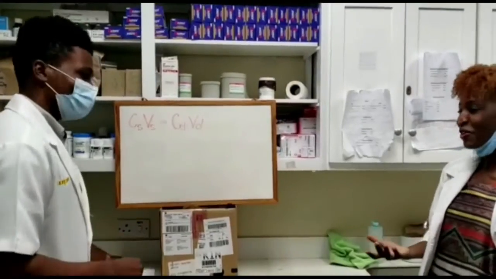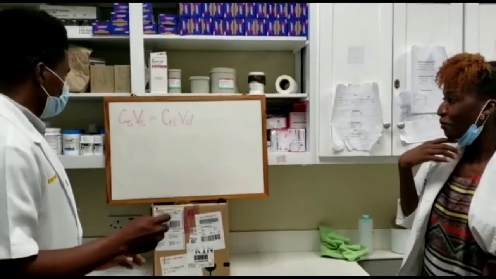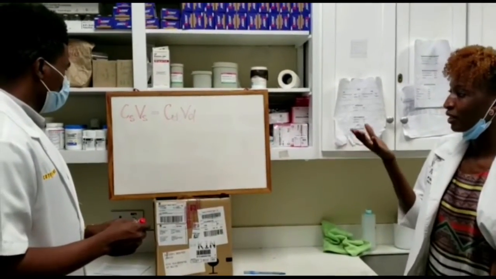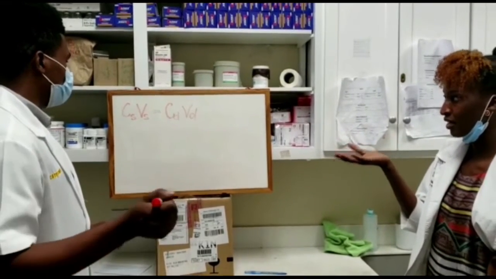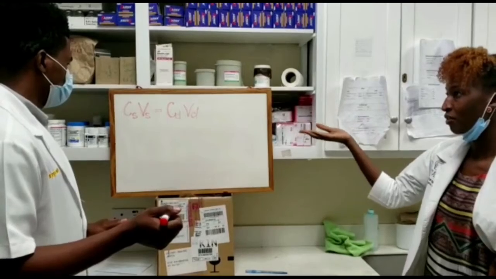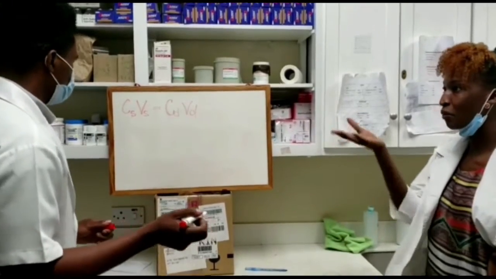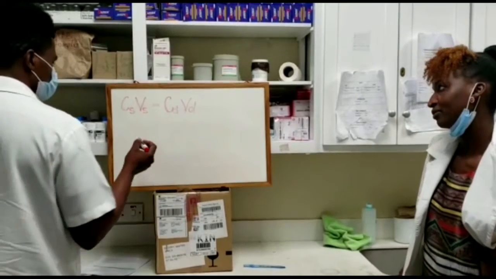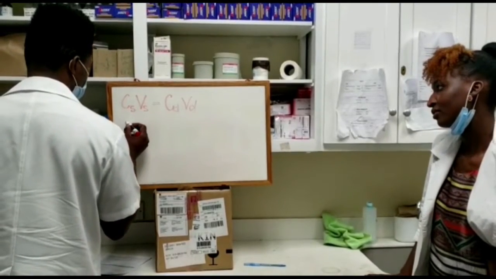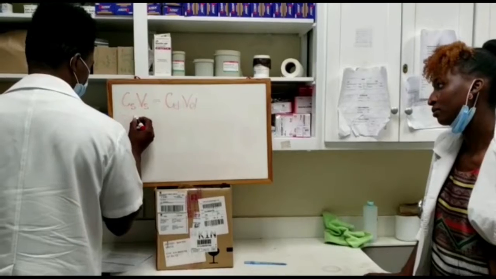Okay. So now, Lamar, you're going to demonstrate to me if you understood the calculations I just did. You're going to use the same concentration that we had, the 95%, and the same final volume, 100 mLs, and we desire 70%. So you said the concentration was 95, and that is the stock concentration.